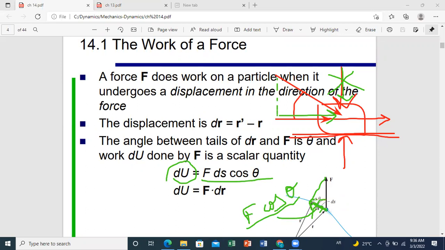Now, of course, if I want to get the total work for a certain displacement delta s, I should perform integration. So an integral procedure will be required if I have to move from a point S1 to S2.